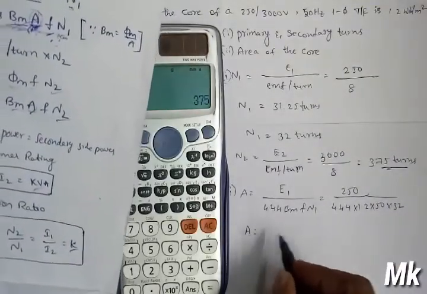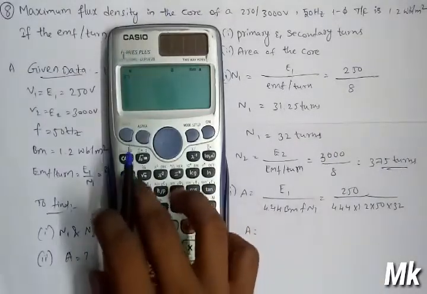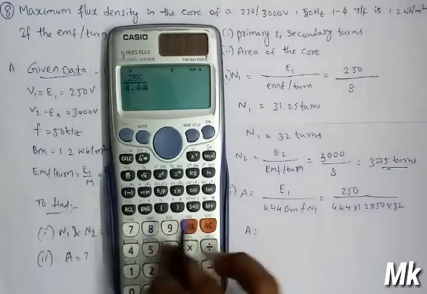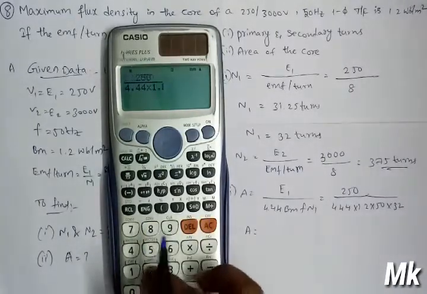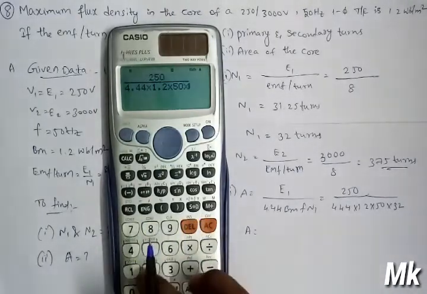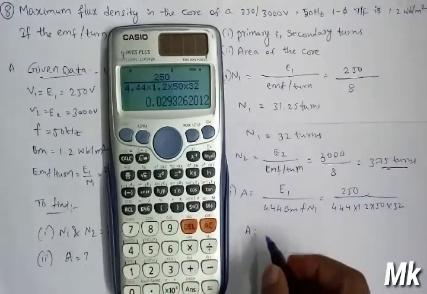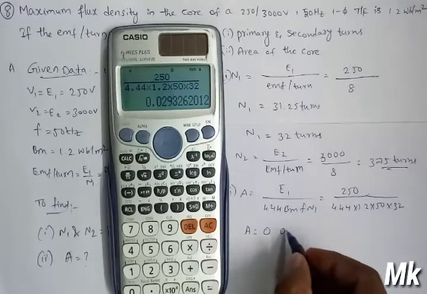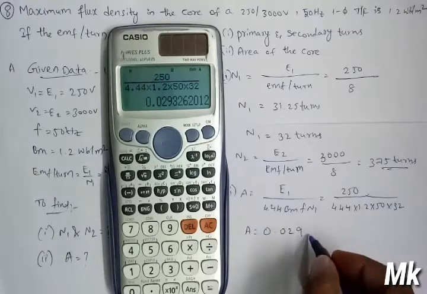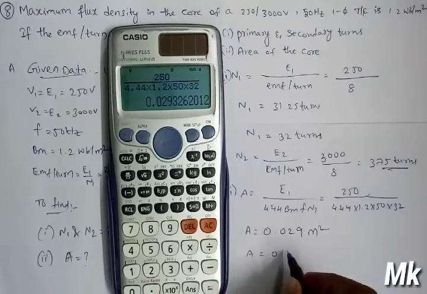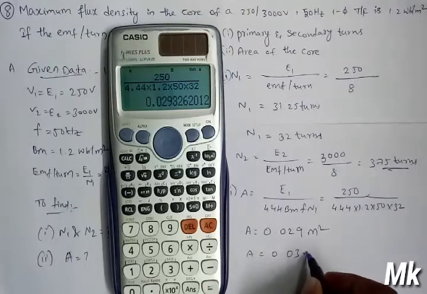Then A is equal to 250 by 4.44 into 1.2 into 50 into 32, that gives us 0.029 meter square, approximately equal to 0.03 meter square.